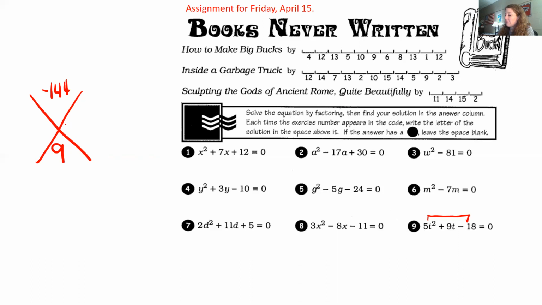Oh my goodness. 14? 13? Well, no. 9 and 16, that doesn't work either. How about 8? I already tried 8. How about 7? No. Why can't I figure this out, you guys?